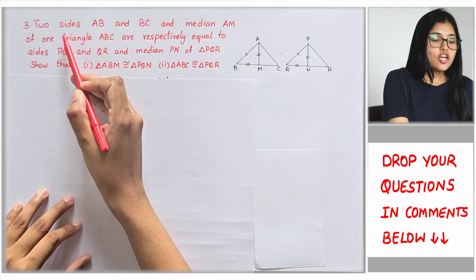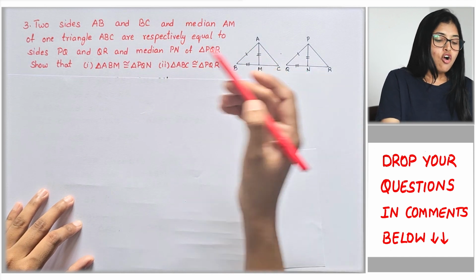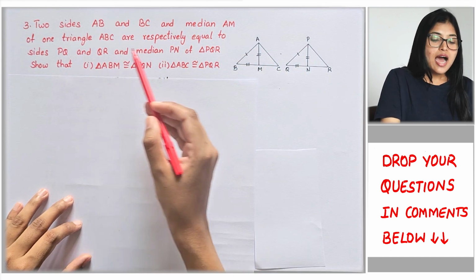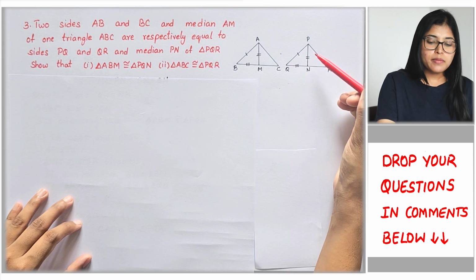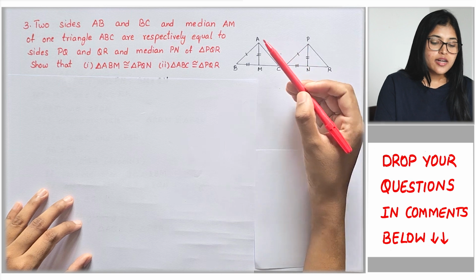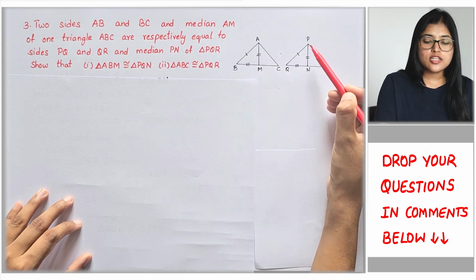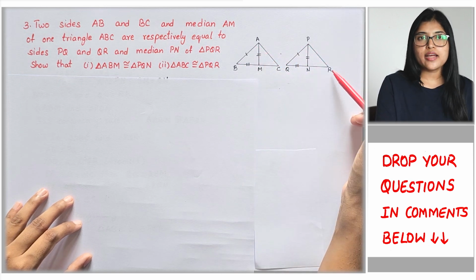Third question says two sides AB and BC and median AM of one triangle ABC are respectively equal to PQ, QR and median PN of triangle PQR. I need to show that triangle ABM is congruent to triangle PQN, and triangle ABC is congruent to triangle PQR.